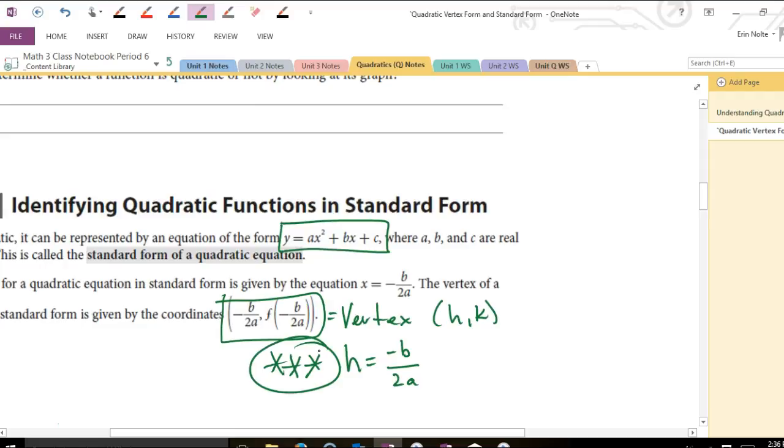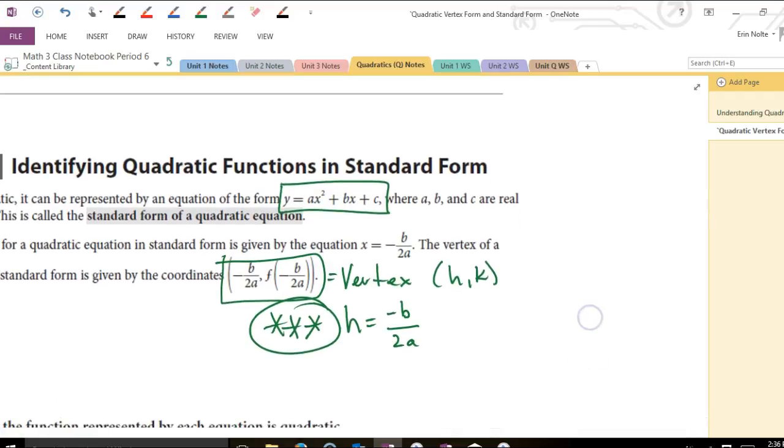That's the h value of the vertex. To find the k value of the vertex, all you're going to do is take your original function and plug the h value into it. Notice that I've used the function notation that just says plug h into my function.